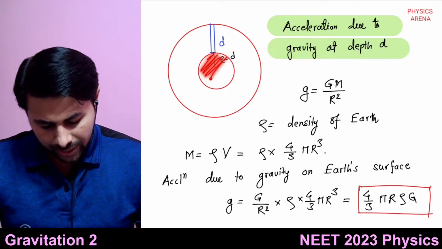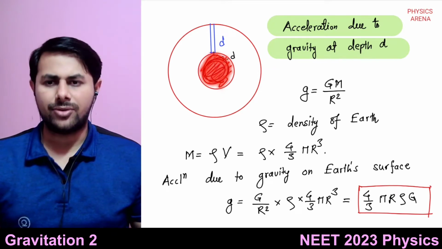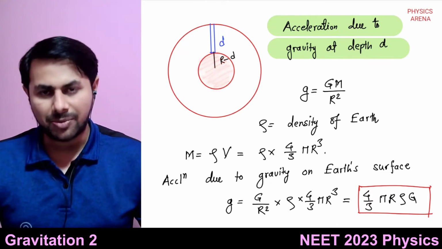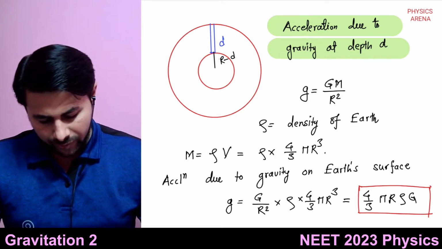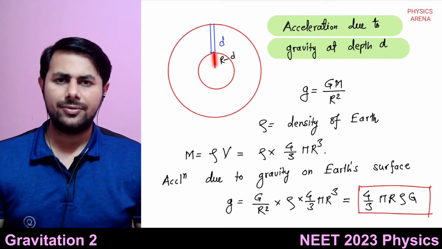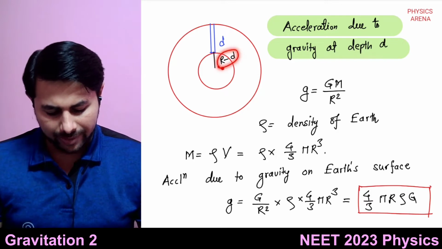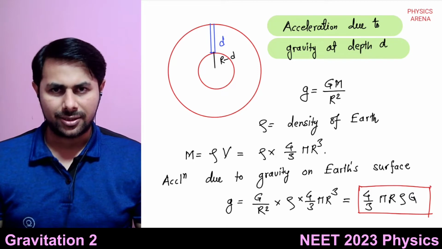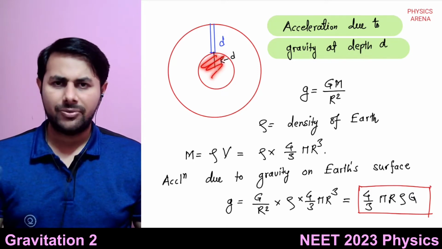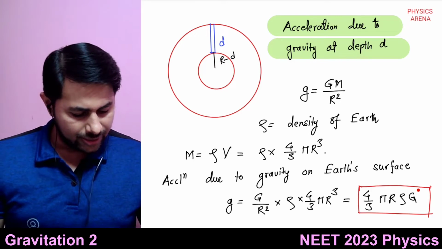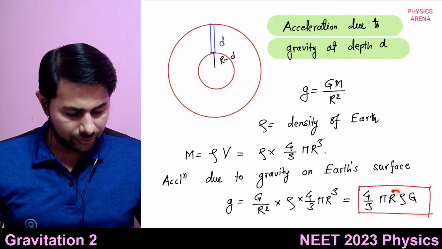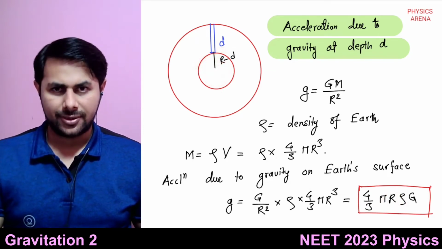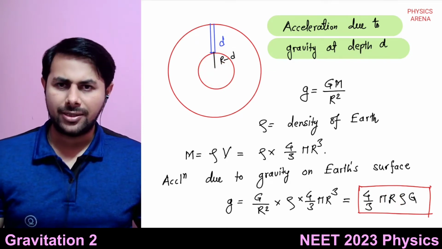Now if we think about only this much sphere, then what will be the value of this r? It will be r minus d. What is the radius of this sphere? It is r minus d. The mean density we will consider constant, G is constant, so the only variable for this sphere is the radius, which is r minus d.